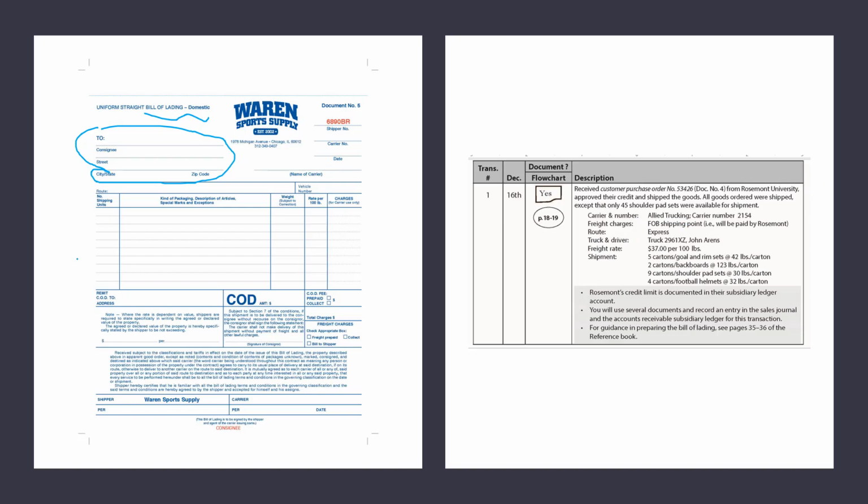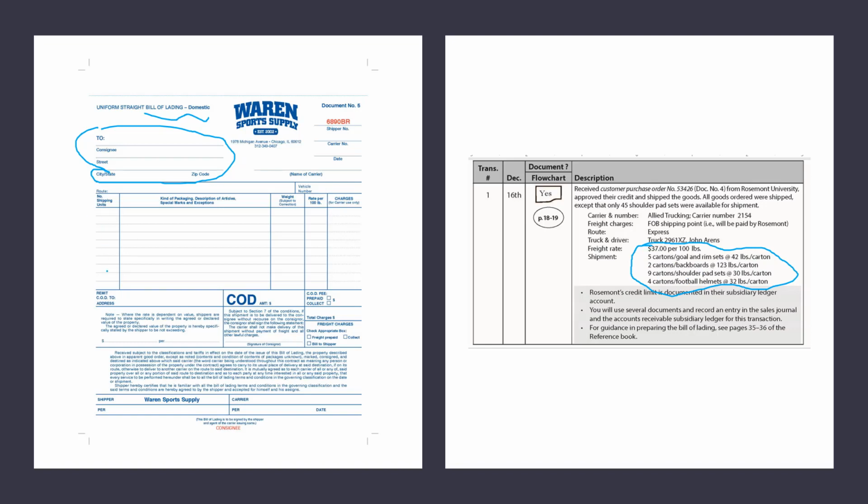And then for here, you need to fill out all this stuff here. What have they shipped? They shipped 5 cartons rim set, 2 cartons backboard, 9 cartons shoulder pad, 4 cartons football helmet.